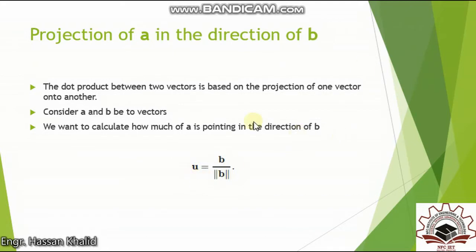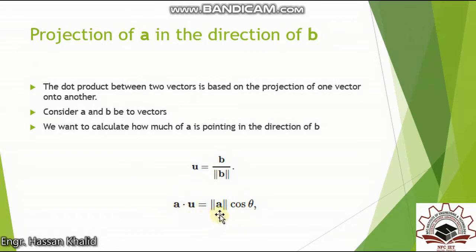Now we can easily find out the projection of A in the direction of B by taking the dot product of A dot u, and it is given by this equation.